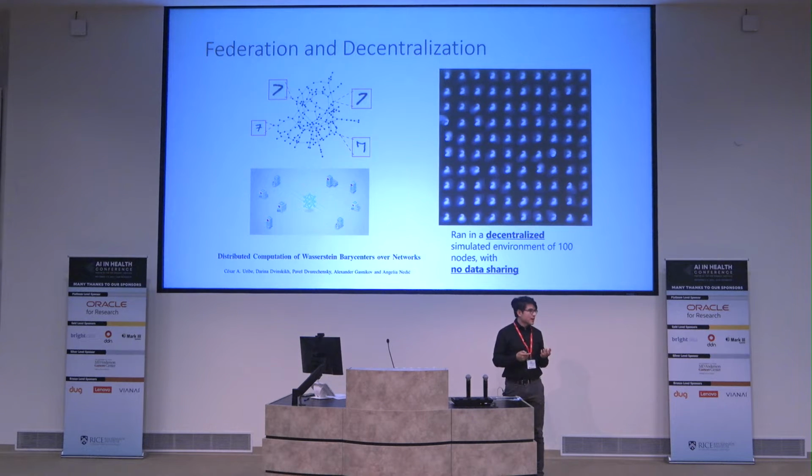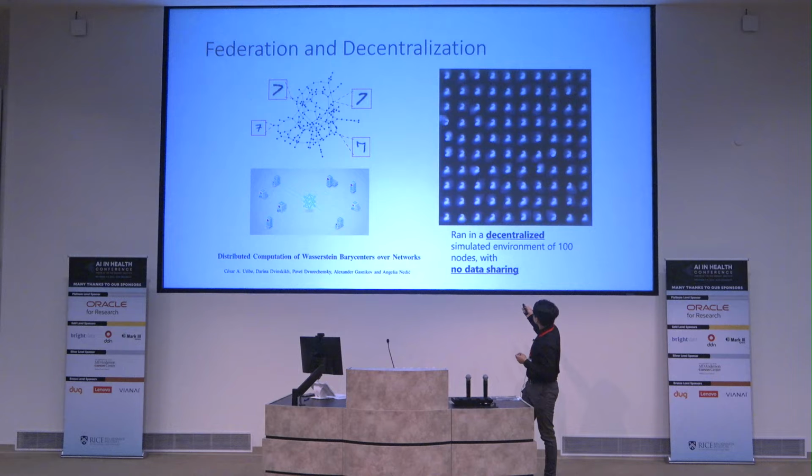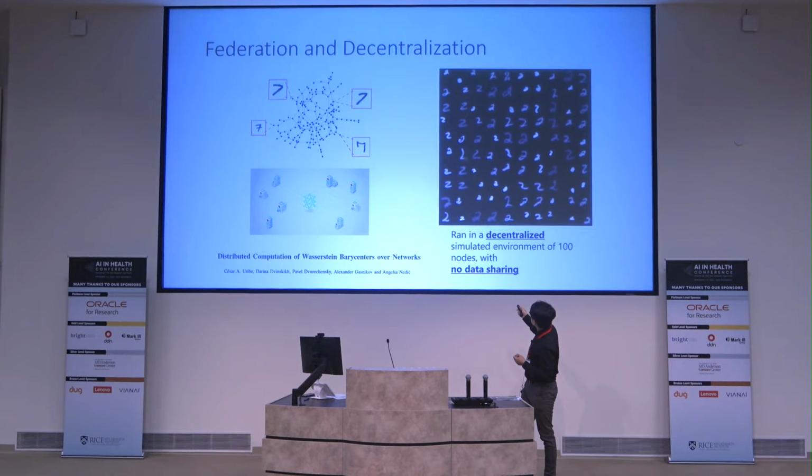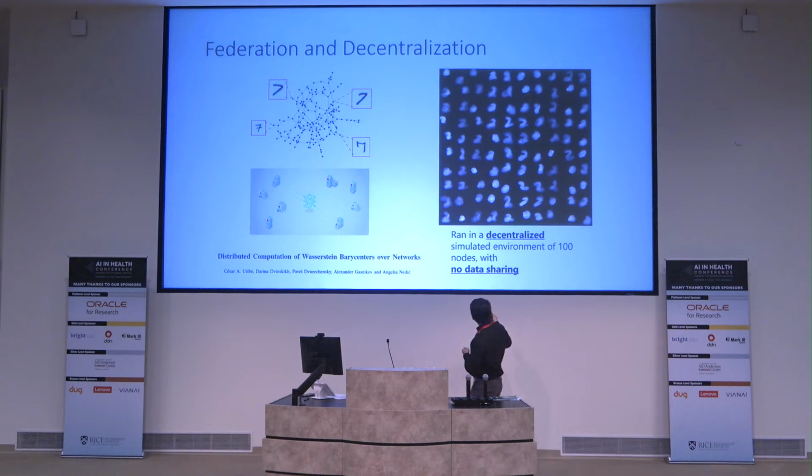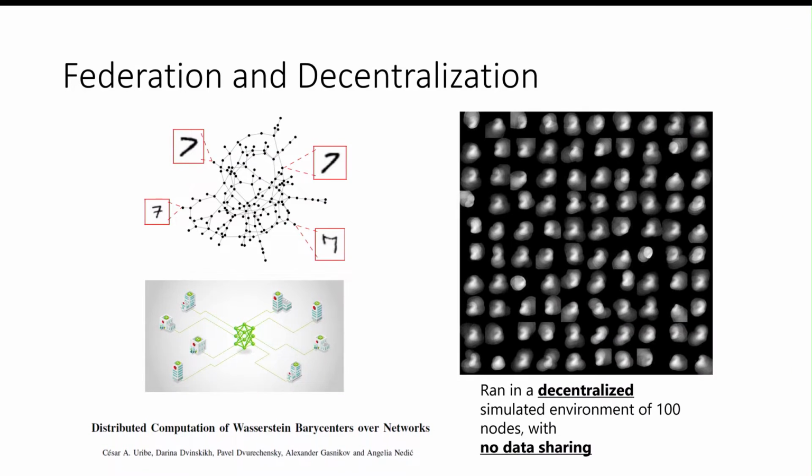So can you develop algorithms? Well, in fact, these images that I show you here were actually run in a fully decentralized environment simulating 100 hospitals over a network that are not sharing any private data, but still are able to agree what should be the average of these number 7. So in our case, what should be the average shape of a normal sinus behavior versus a junctional tachycardia behavior.